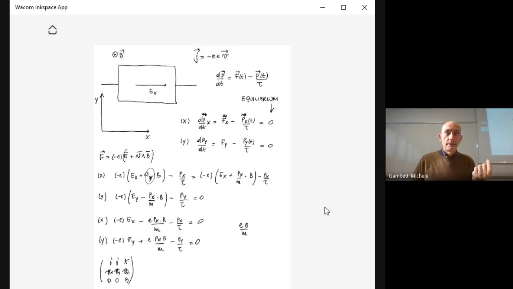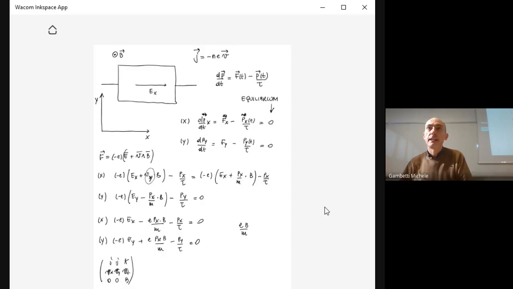If you take an electron with a constant speed and you send that electron in a region where you have a uniform magnetic field, the electron starts to make circular orbits. And if you write down the force acting on the electron, that is the Lorentz force, and you say that the Lorentz force, in the case of circular motion, is the centripetal force that brings the electron on the circular orbit, you find that eB divided by m is the frequency of the electron along this orbit.